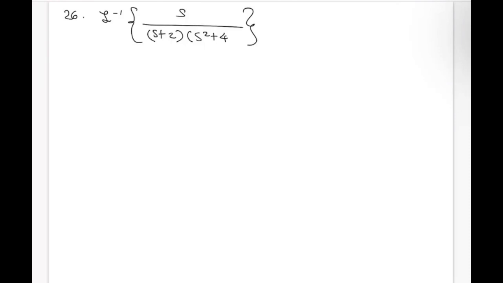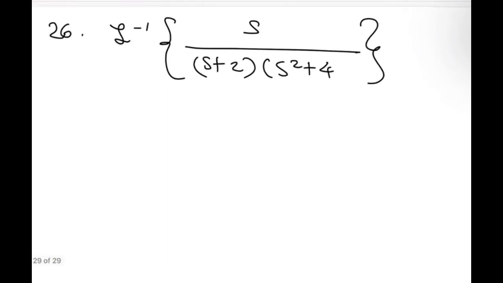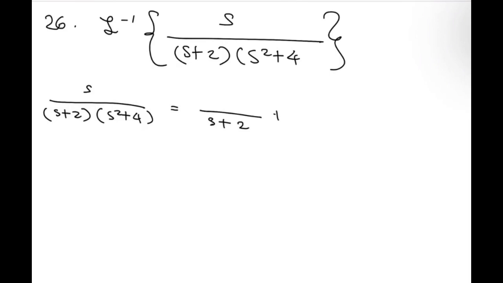Right, first, let's break down the fraction into proper fraction or rational fraction. So let's write s over s plus 2 times s squared plus 4 into fractions consisting of something over s plus 2 and something over s squared plus 4.